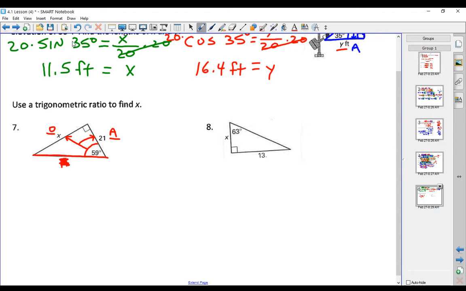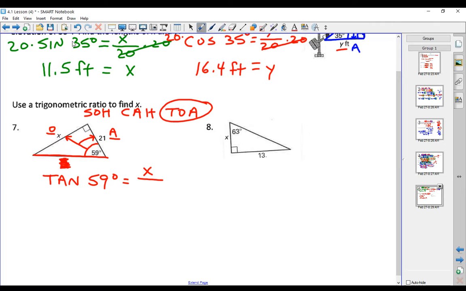We don't know anything about the hypotenuse, so just ignore that. So if I have SOHCAHTOA, I have an O and an A. That's how we find the tangent. So the tangent of 59 degrees is equal to the opposite, which is x, over the adjacent, which is 21.